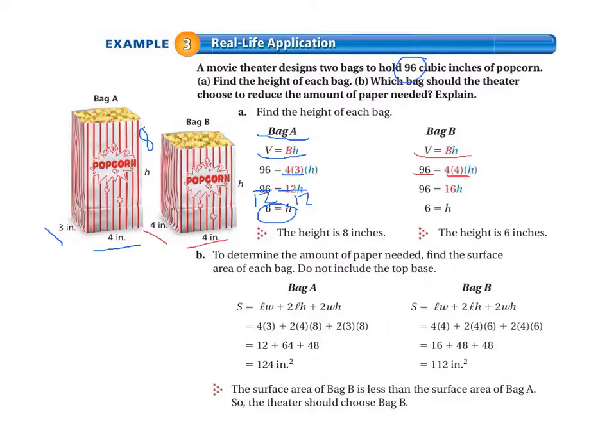So we leave the h there, and we multiply that out. We get 96 equals 16h. We divide both sides by 16 to get that h by itself, and we are left with 6 for our height.